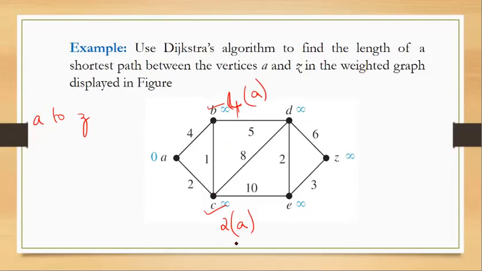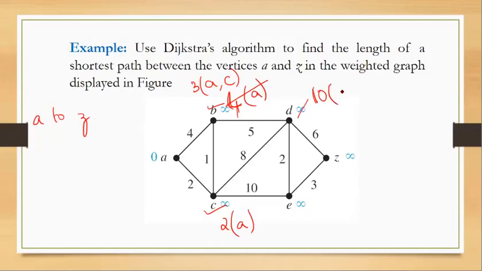So we will select this one, and we have to check how many other vertices we can reach from C and what are their distances. So from A to C, the distance is 2, and then from C to B, 2 plus 1 will be 3, which is less than the 4 that we had earlier. So I can strike it off. 3 is the distance, and I am traveling the vertices A, C. Next from C, I can go to D. So 2 plus 8 will give me 10, which is less than infinity.